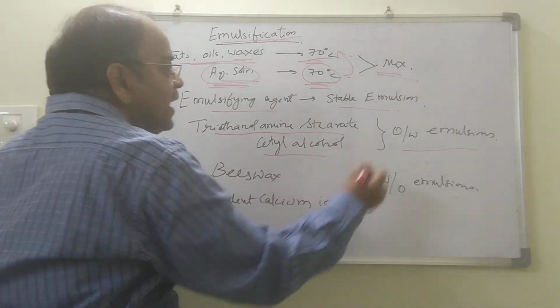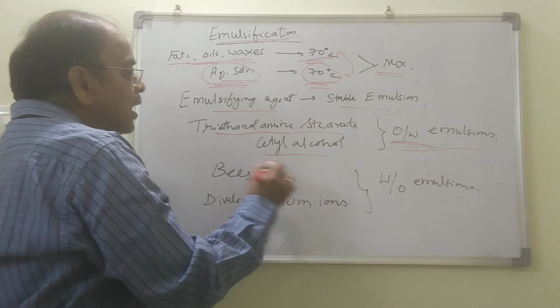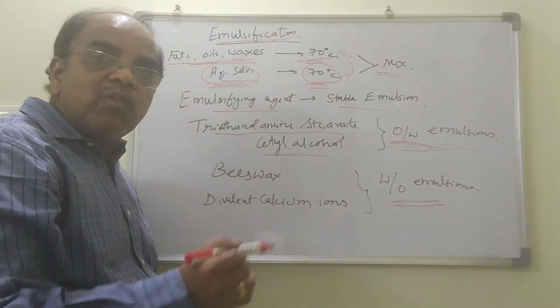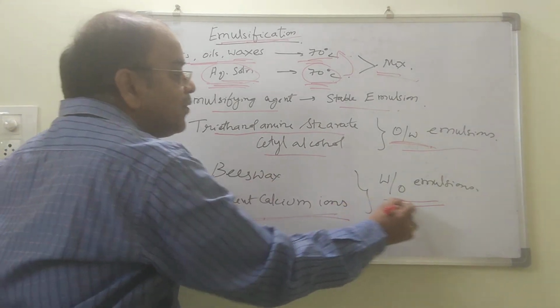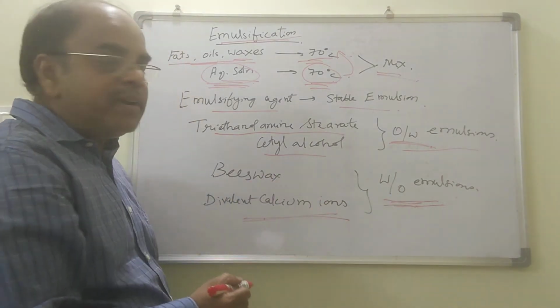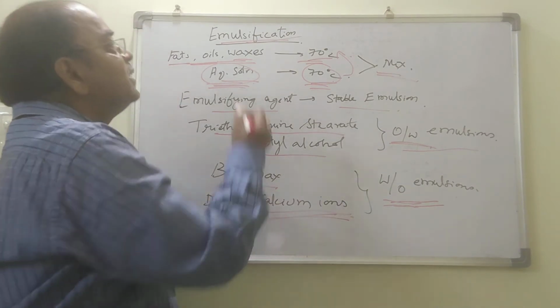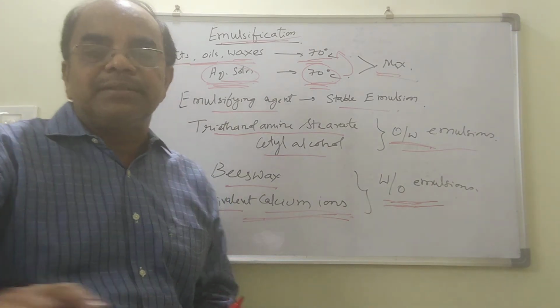Okay, and this is for the O/W emulsion, the monovalent soaps. And for the W/O water in oil emulsions, we want the divalent soaps like calcium ions. So in the preparation of the W/O emulsion type ointments, we are using the beeswax and divalent calcium ions. This is the preparation of ointments by the emulsification process.